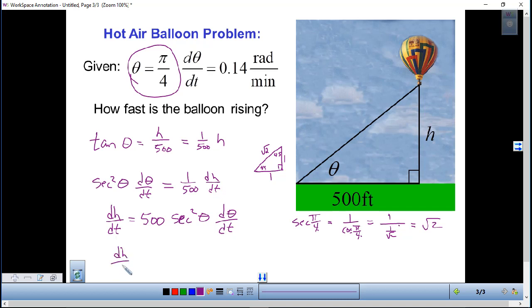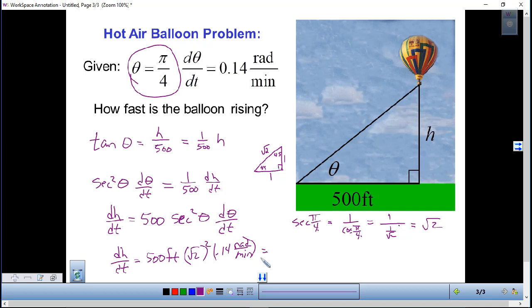So dh dt is equal to 500, that's feet, times the secant squared, or square root of 2 in this case, squared, times your d theta dt, which is going to be 0.14 radians per minute.